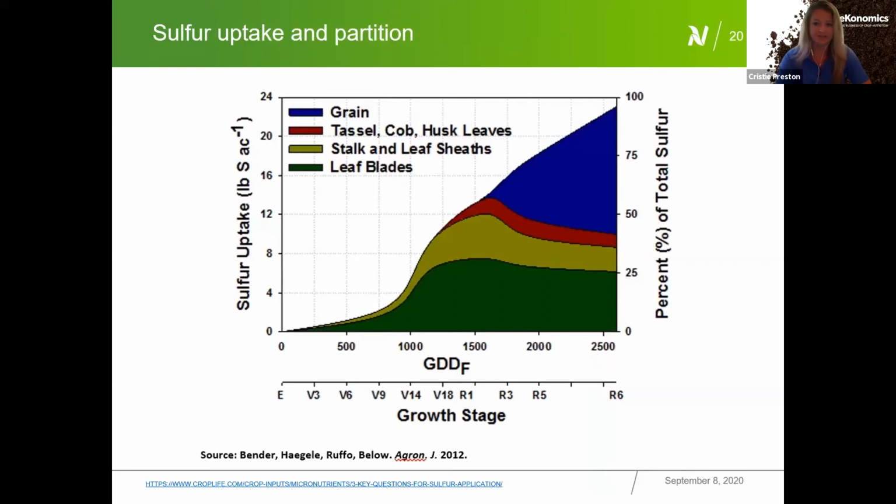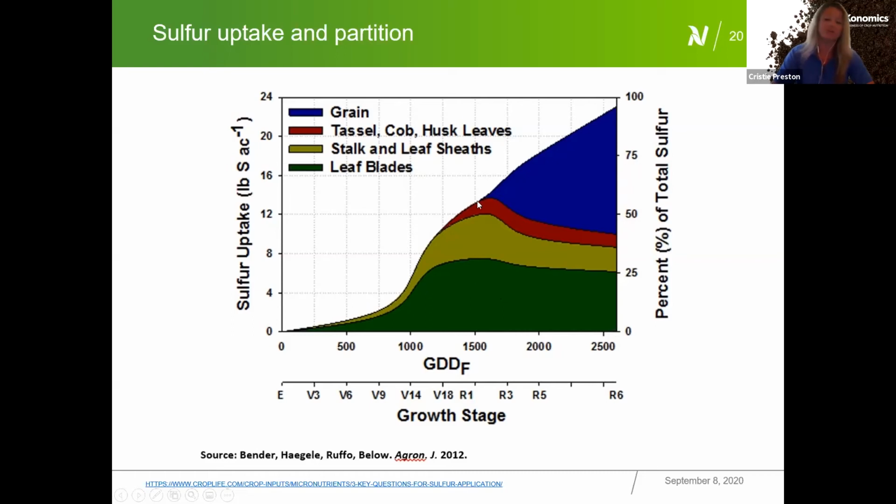Now there's a lot going on in this graph, but the main thing we want to focus on is sulfur uptake in pounds of sulfur per acre over the life cycle of the corn plant. At a specific growth stage, there's going to be different amounts of sulfur being taken up. Now, the interesting thing about sulfur is that accumulation is greater during grain fill, with more than half of the sulfur taken up after this VT to R1 stage.